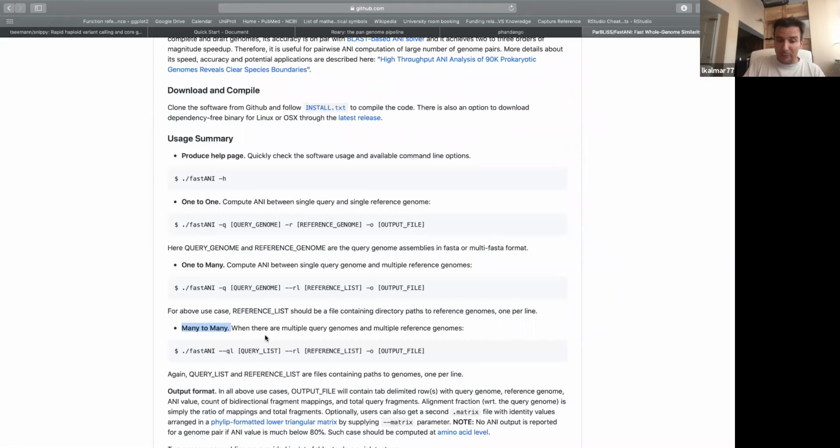Of course, you have to keep in mind that this is a very low resolution and very low reliability product that you are making with this kind of comparison. So if you want to do, for example, a time tree, or you want to get a real distance between two closely related species, you would never use these kinds of approaches.